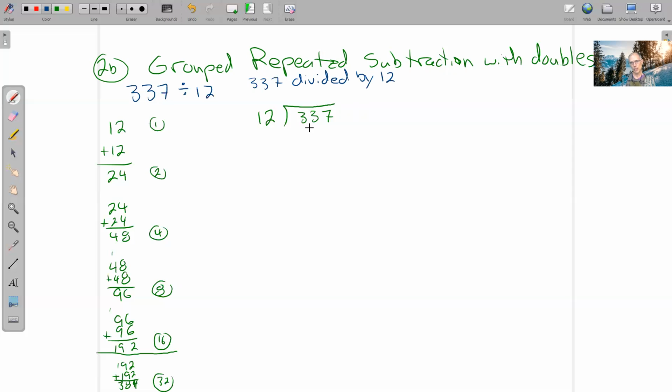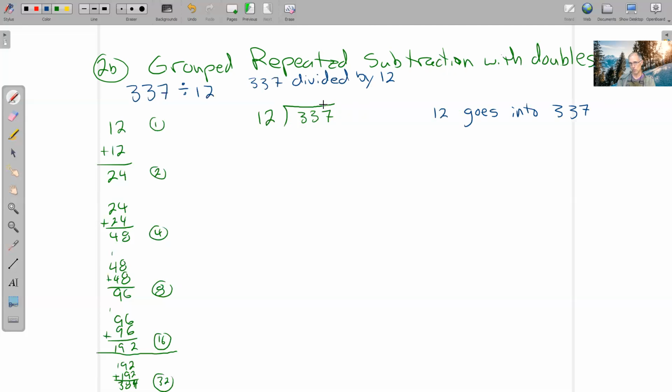And I can't really read this the same way because we usually read left to right. So if I start reading this from the 12, I can't say 12 divided by 337. That's totally not what I see here. That's 12 goes into 337.